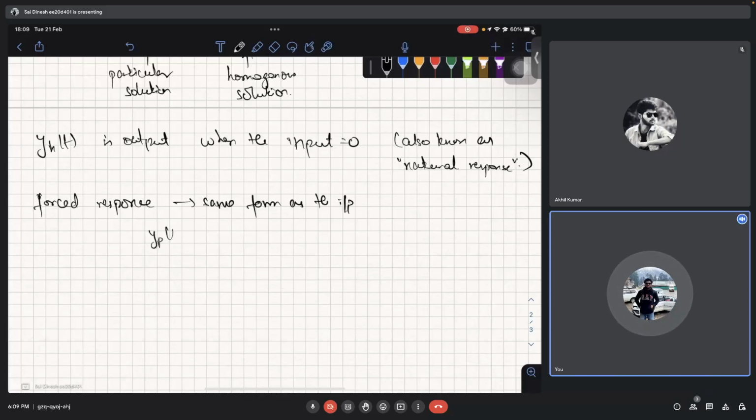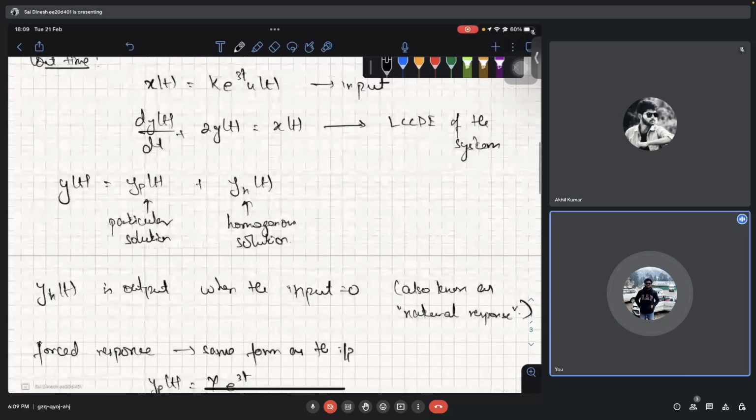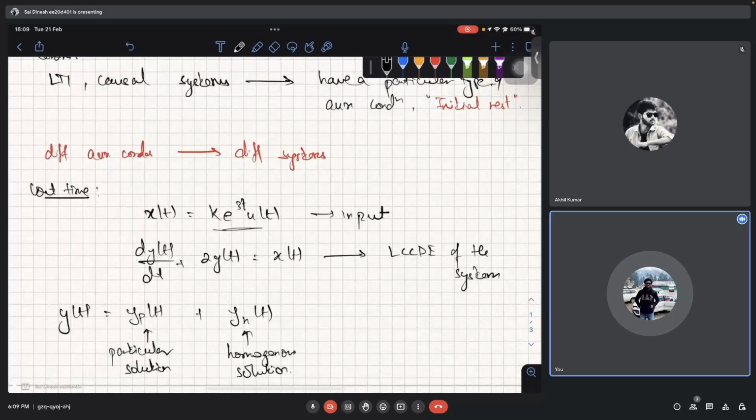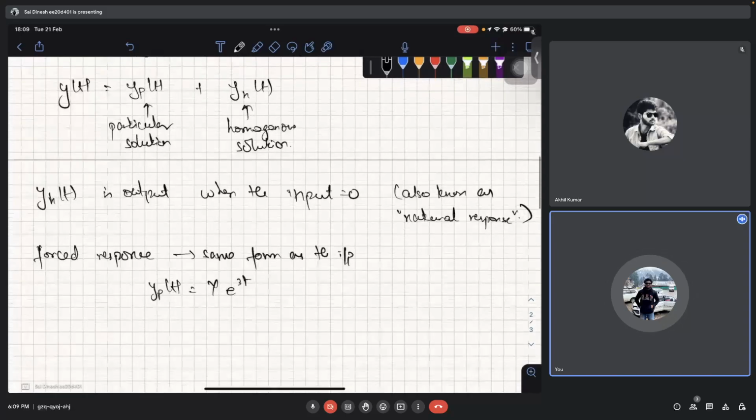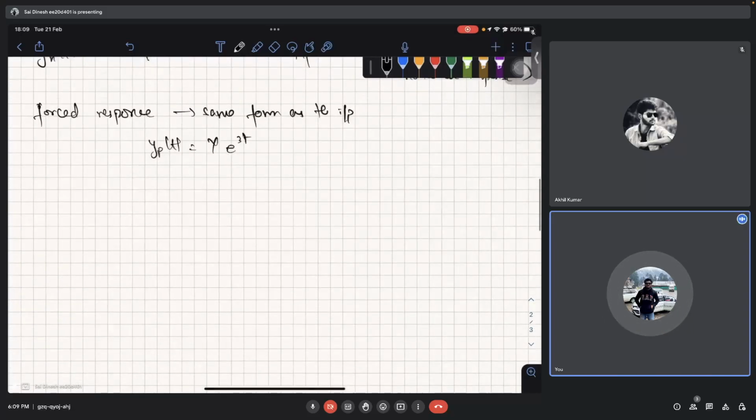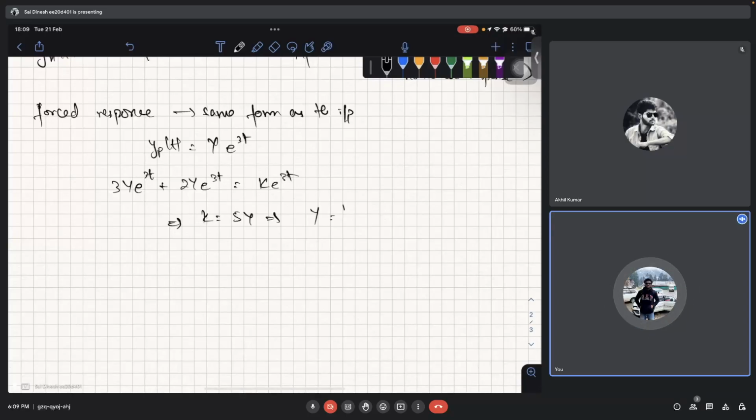So let's say yp of t is y times e power 3t. When the input is k times e power 3t, we are taking y times e power 3t as the input. So if you put it in the differential equation that we have, 3y e power 3t plus 2y e power 3t is equal to k e power 3t, which implies k is equal to 5y, or y is equal to k by 5.